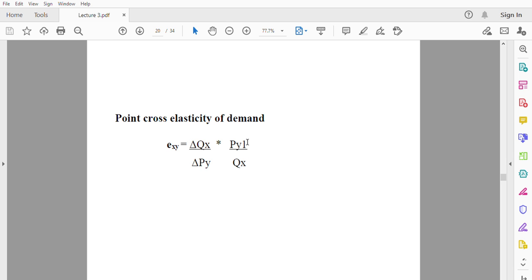The reason for this 1 is that it indicates that we are talking about the original price and the original quantity demanded of commodity X. Right. So this is the formula.